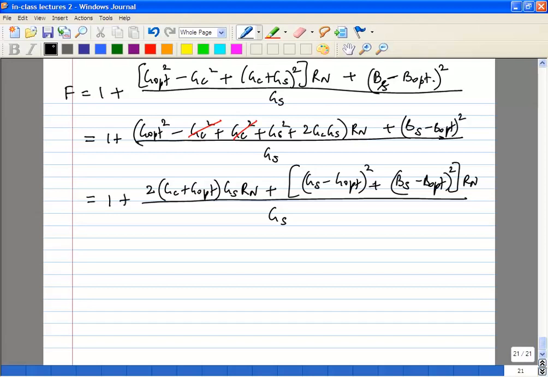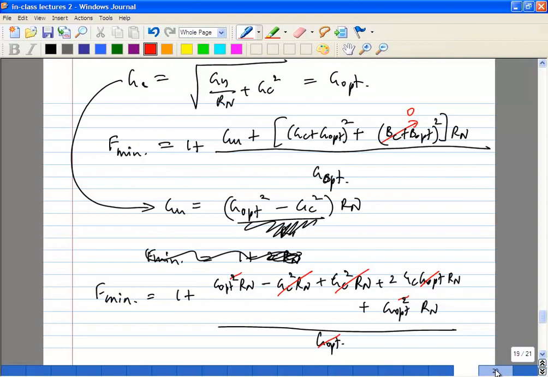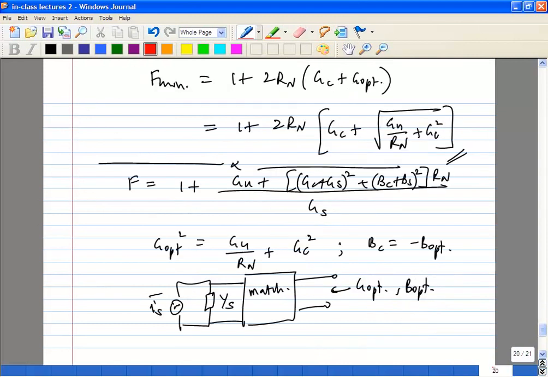Is that okay? So all we did was add 2 gs g opt. What do you recognize about this term? Does anybody recognize this term? What is this? Let's go back a couple of pages. What is F min? Right?